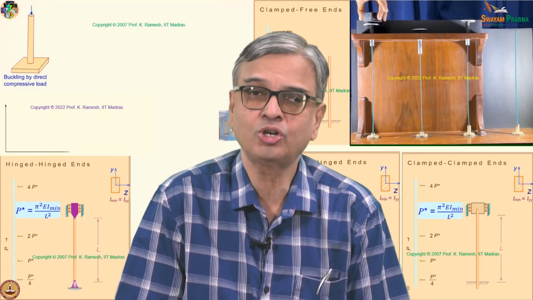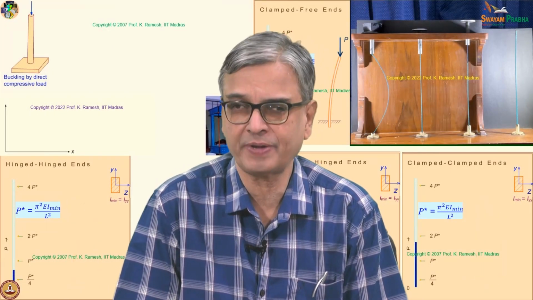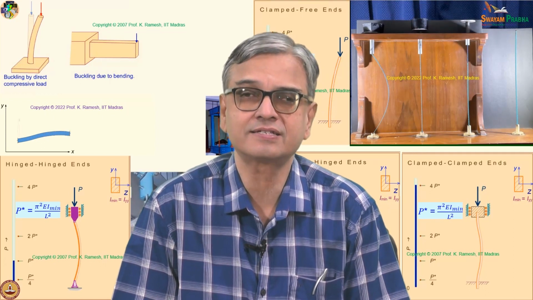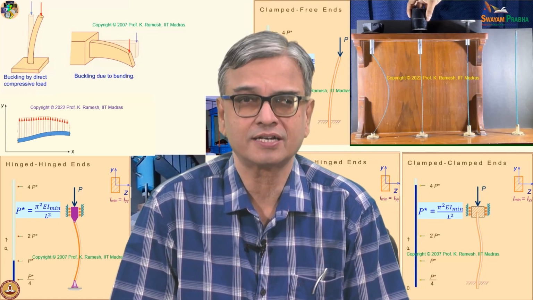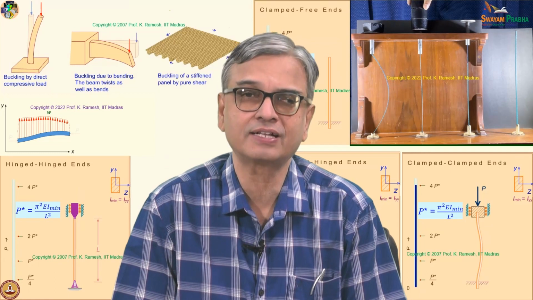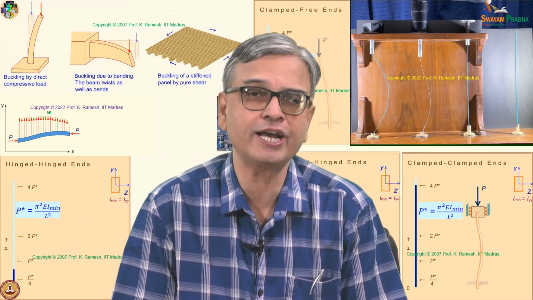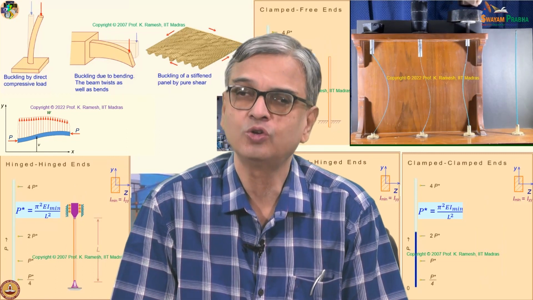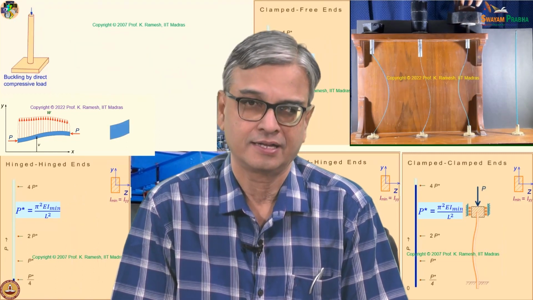Let us move on to our next topic, stability. In this short series of 2 lectures, we will confine our attention to the stability of columns, and we will do the mathematical analysis.